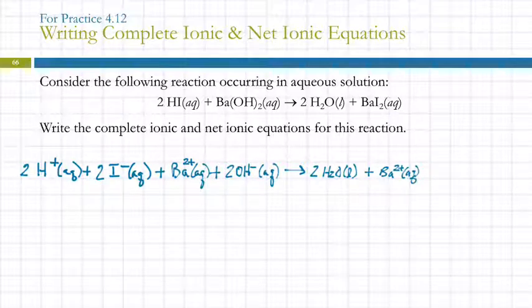And what's the other one? 2 I minus. This 2 is not part of the formula for the ion. That means there are 2 of those ions, okay? So there's my complete ionic equation.